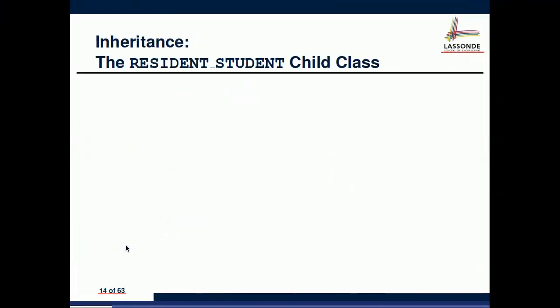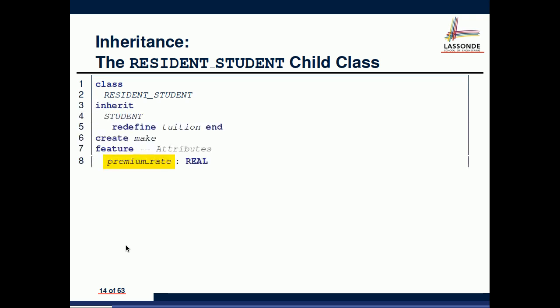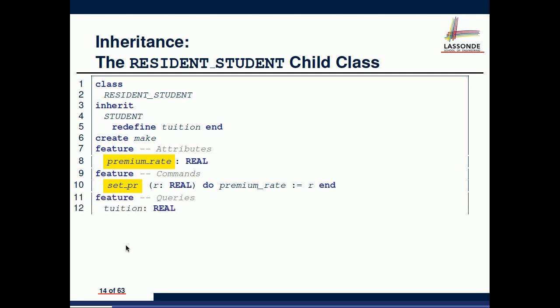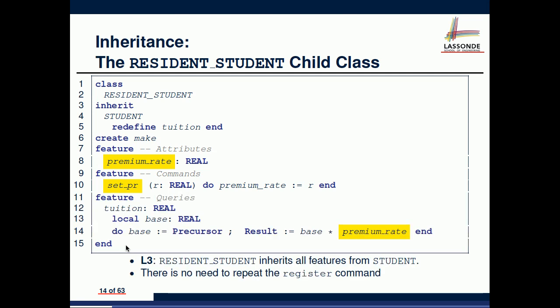Okay, and then for the resident students over here, we say inherit from student, and then redefine tuition, and then just have the premium rates. Oh, actually, we have seen this. And notice that from line number 14, the base rate will simply be equal to the computation done by the Precursor version, followed by applying the premium rates to get the redefined version at the child class level.